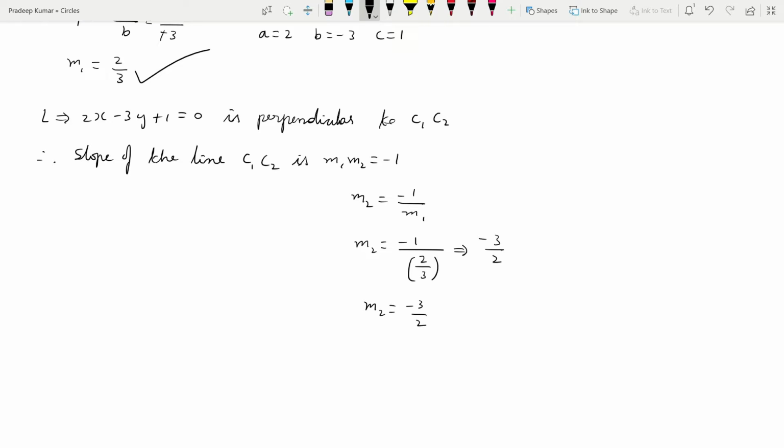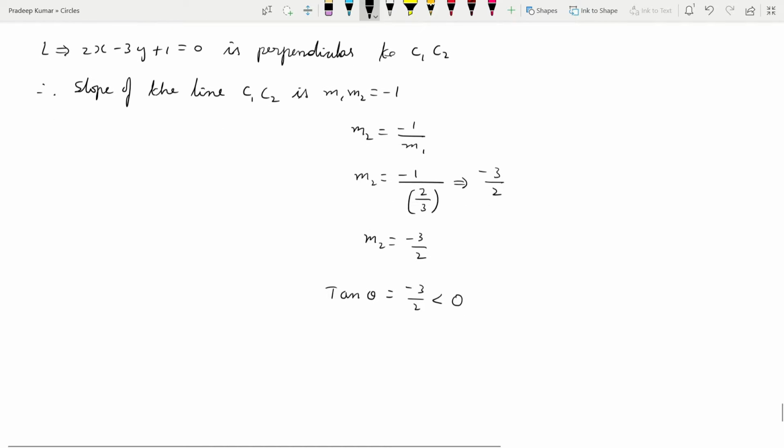In such case, I can write tan theta equal to -3/2, where of course this is less than 0. So this tan theta is nothing but a slope. By using this tan theta, we'll be finding out cos theta and sin theta. However, we should know one thing, that theta is in the second quadrant.